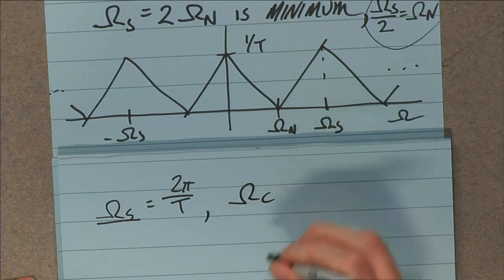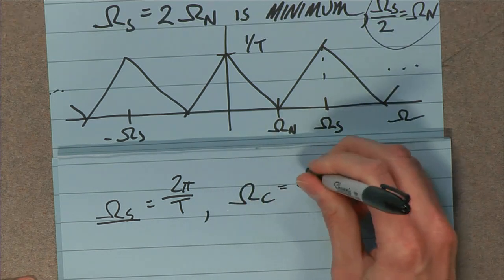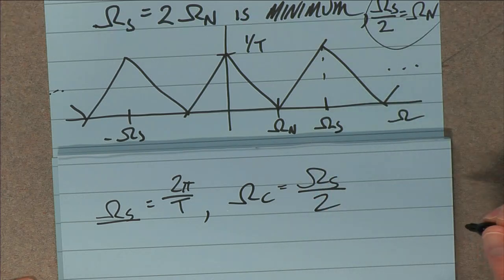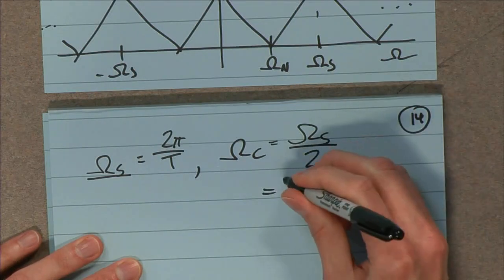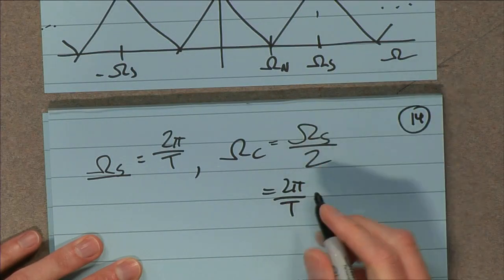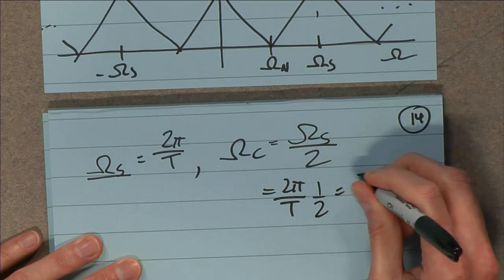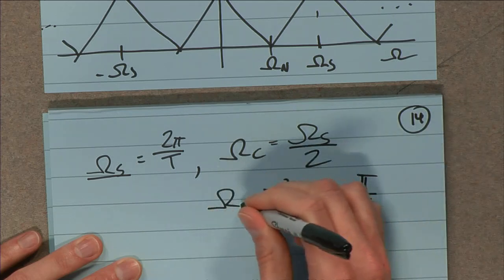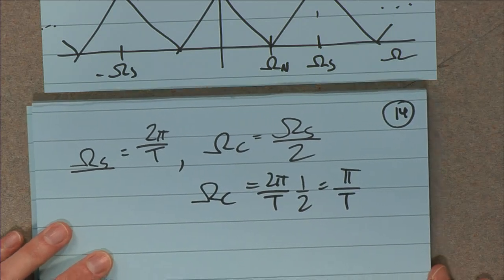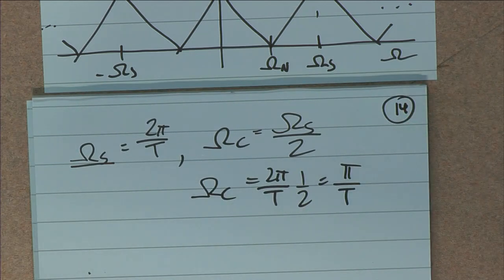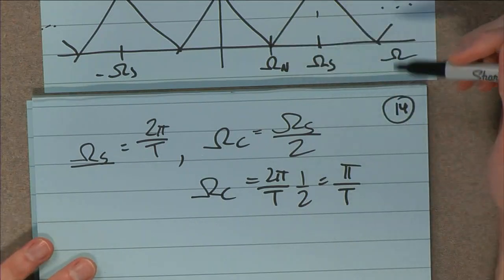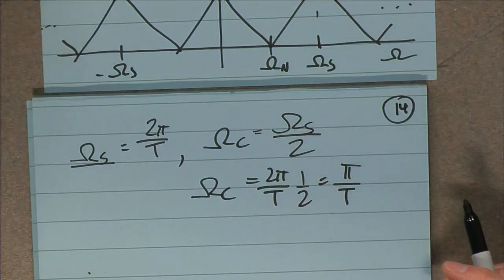And if we let omega c, the cutoff, equal omega s over 2, that's just 2 pi over t times a half, which is pi over t. So really, all this is telling you is that you're satisfying Nyquist by choosing omega c as pi over t.